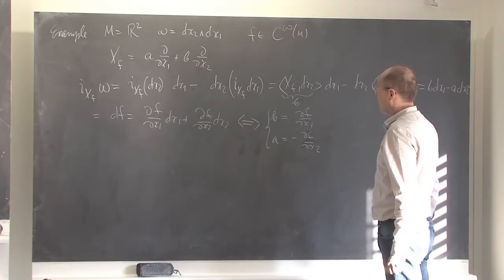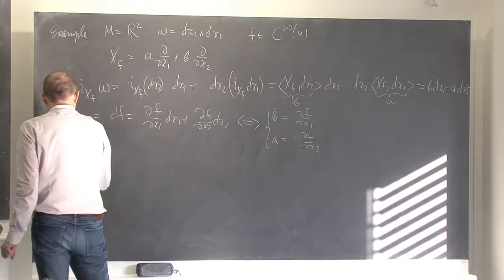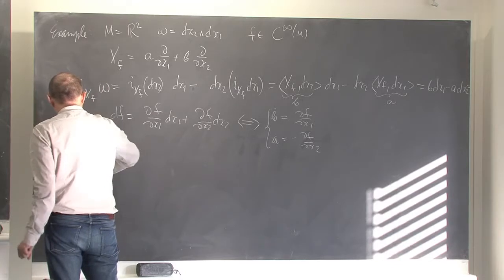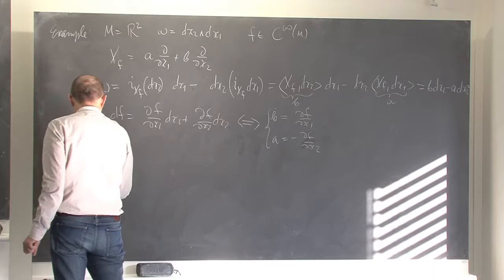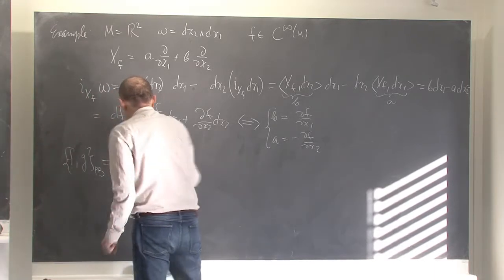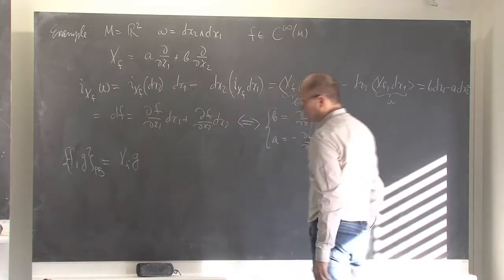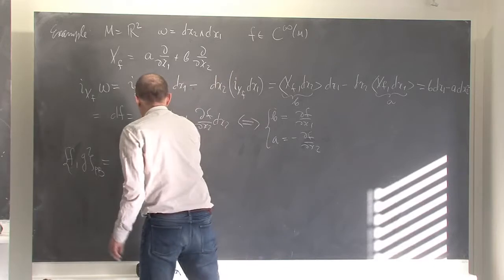And now we can calculate the Poisson bracket. The Poisson bracket of f and g is a function which is, by definition, the application of the vector field xf to g. And so what is it?